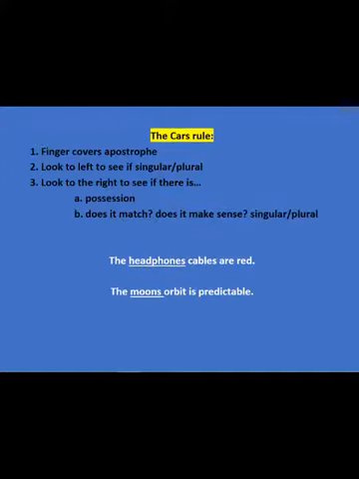Let's take a look at the second example. The second example says the moon's orbit is predictable. First of all, I start with possession again. Here's the word in question. I look to the right and I see the word orbit. Orbit is singular, so I know right away this is going to have to be singular.